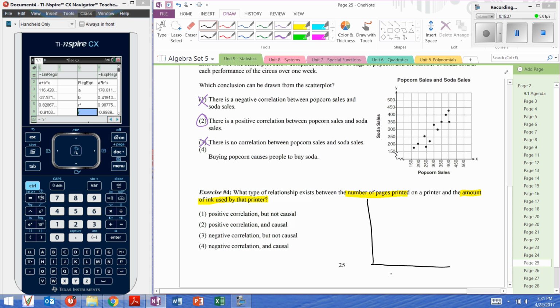So as the number of pages gets bigger, the ink, we're going to have some type of relationship that looks like this. So we know that this is definitely positive. So answer choices 3 and 4 are out. And is one causing the other to happen? So if you print more pages, are you going to use more ink? And the answer is yes. So this is actually going to be both positive correlation and a causal relationship.